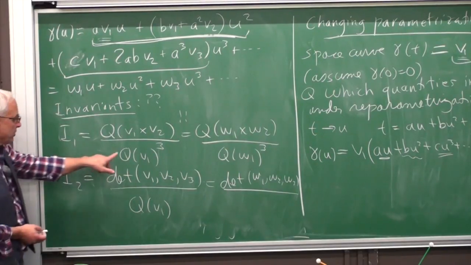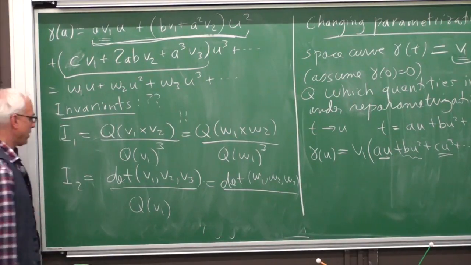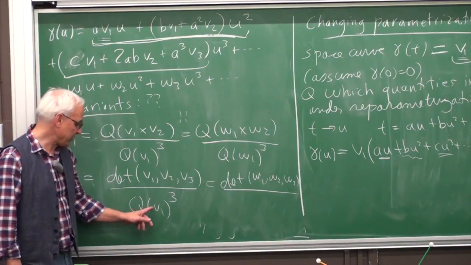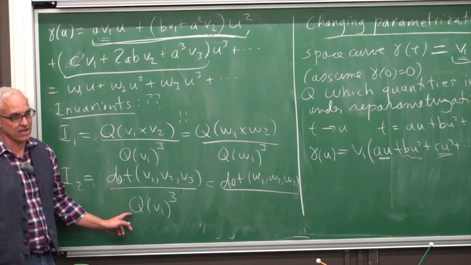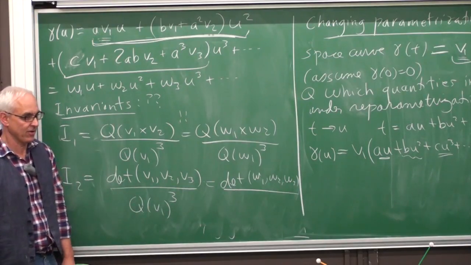I said this one here a little bit wrong, I think. Here I'm going to put a 3, because if I multiply V1 by a, then the quadrants gets multiplied by a squared, and this whole thing gets multiplied by a to the 6th.